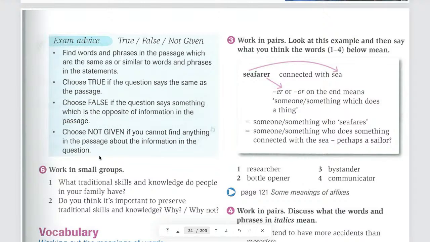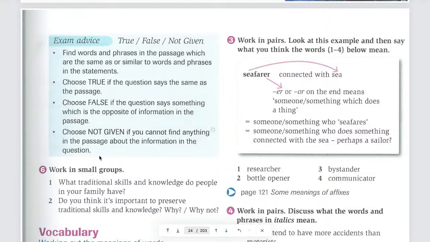For example, in the passage they say the table is white, but in the statement they say the table is beautiful. Beautiful and white, it doesn't match. You understand? They still discuss the table, but it doesn't match. So that means it's not given.